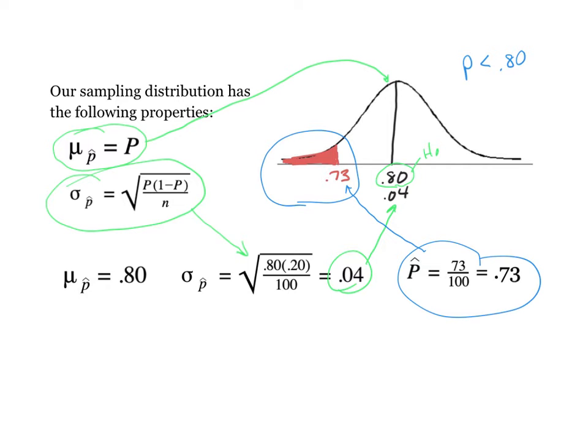So we're really just trying to figure out what's the chance of getting 73% as our sample, knowing that we think the population parameter is really 80%, okay? And kind of the whole point of this activity is looking at that sample and deciding where it falls, okay?